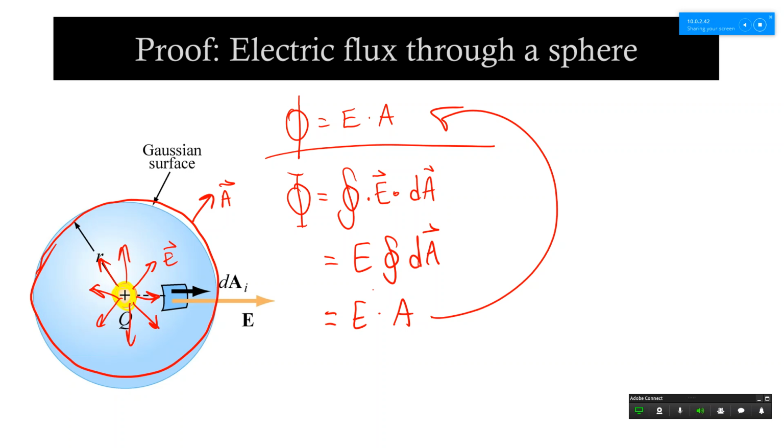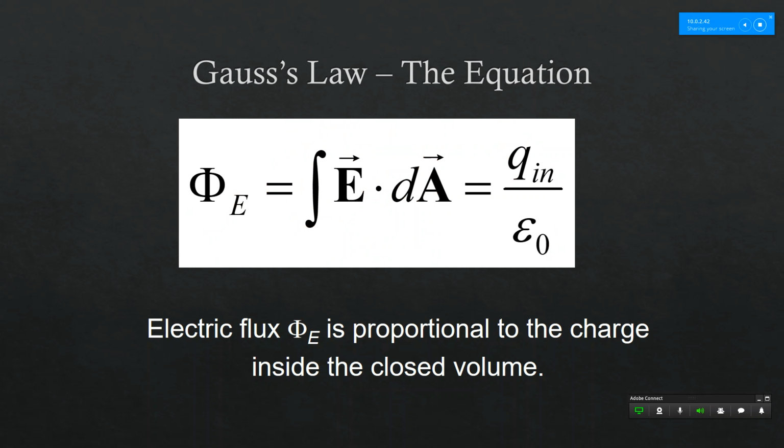All right. Gauss didn't just come up with this flux, as I mentioned. He also came up with this second part of this equation. So here it is. This is the main expression of Gauss's law. And what he says is that, yes, flux is equal to this electric field dot product of the area, right?